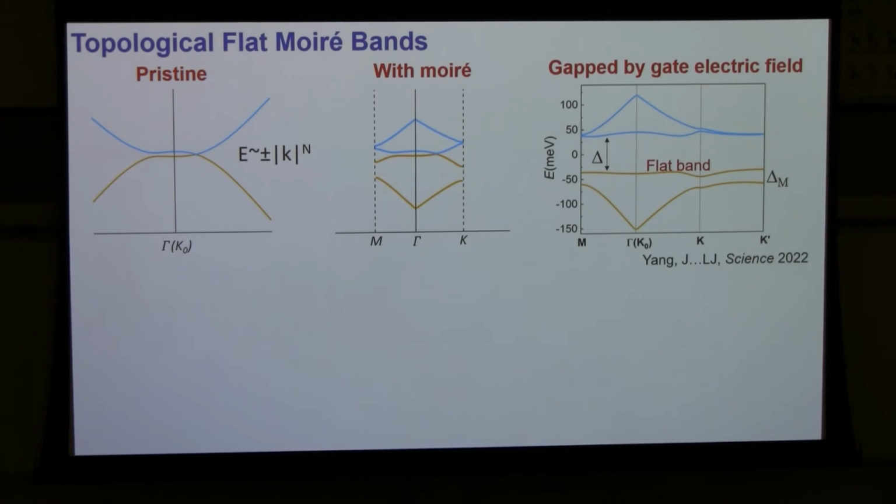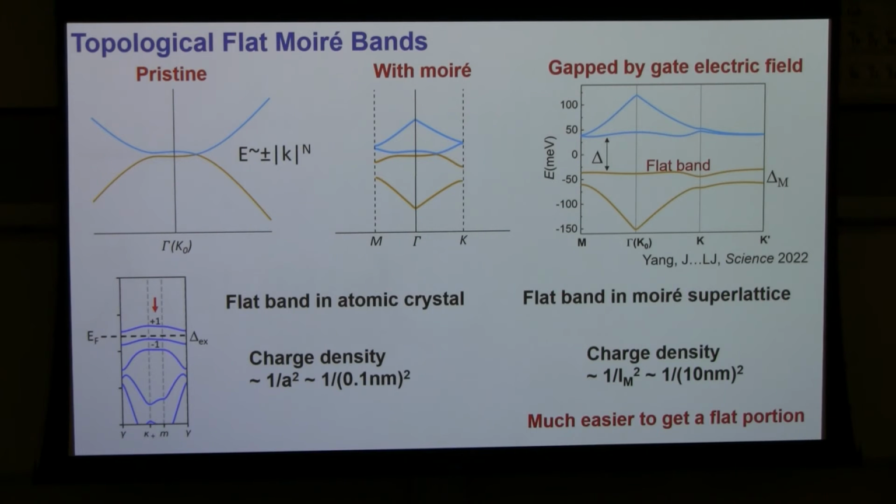And why this is easier to do than in the crystalline form is, well, it's really hard to get a crystal that is flat in the whole momentum space. That's a lot of charge densities. And there are crystals that give you that, but that crystal, you know, so far hasn't shown fractions.